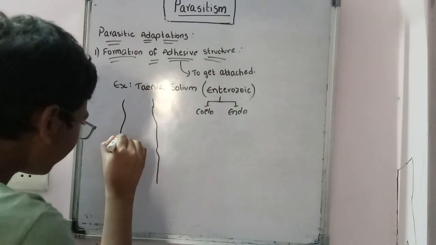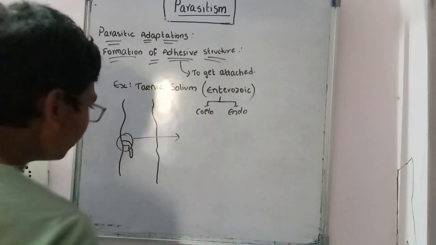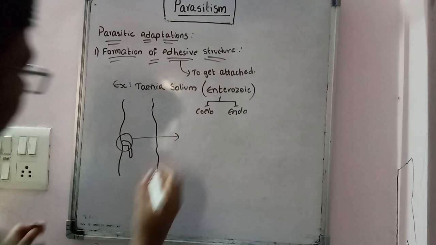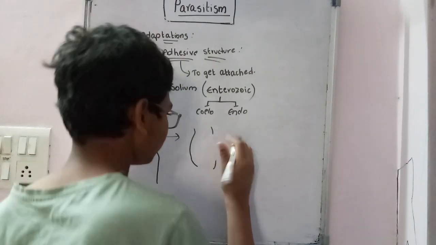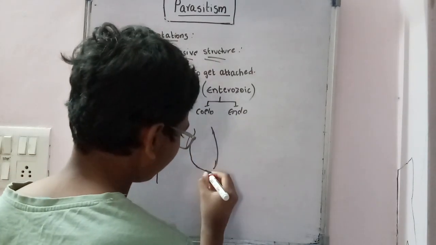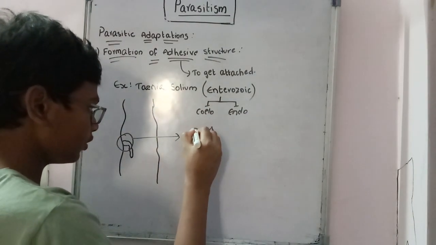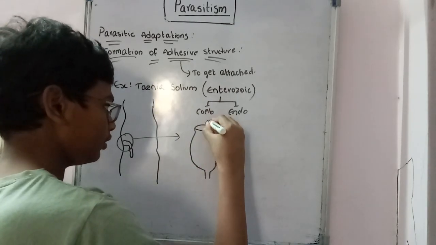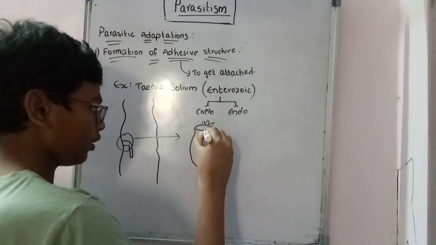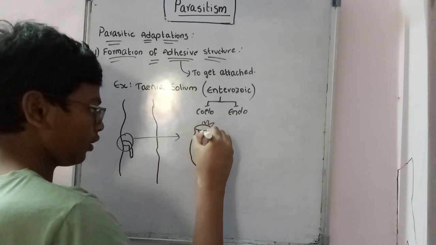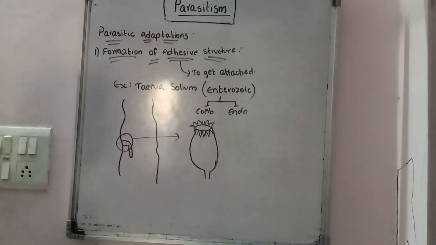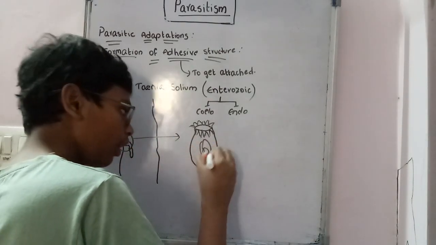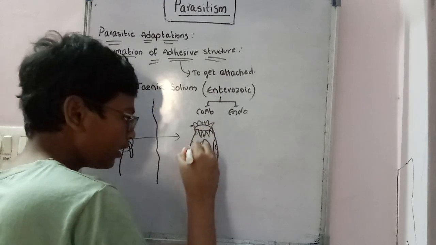If you zoom into this part, you see a structure like this, with this opening, and in the middle you have a sucker. It is used to suck the items.